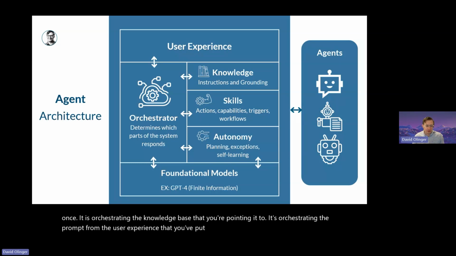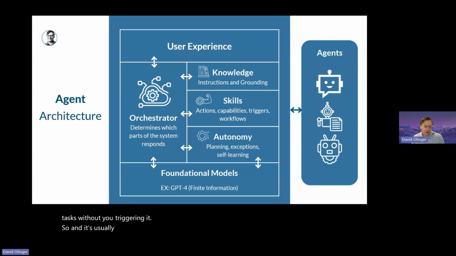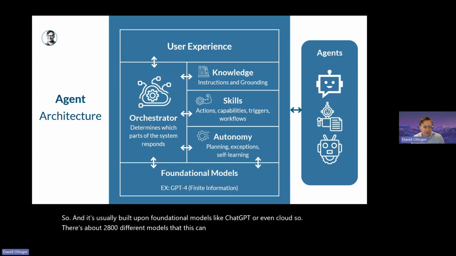They have skills and autonomous things you can embed into it so that it can actually perform tasks for you and even perform tasks without you triggering it to do so. And it's usually built upon foundational models like ChatGPT or even Claude. There are about 2,800 different models that this can be built on, maybe even more today. So that's kind of the foundation of what an agent is.